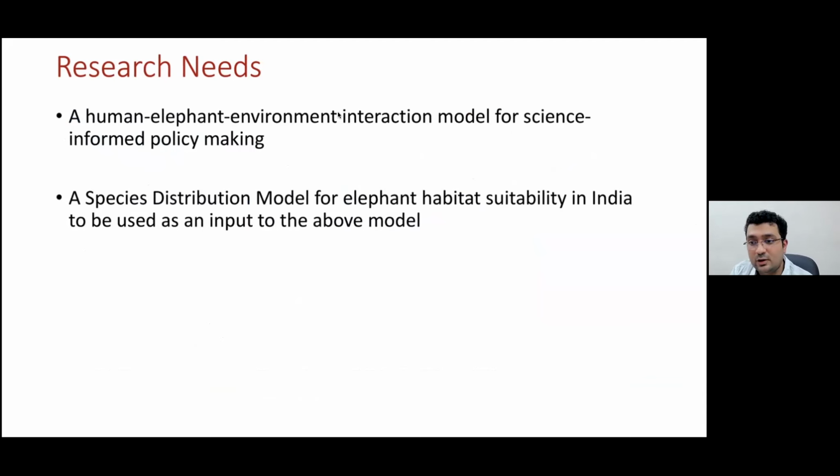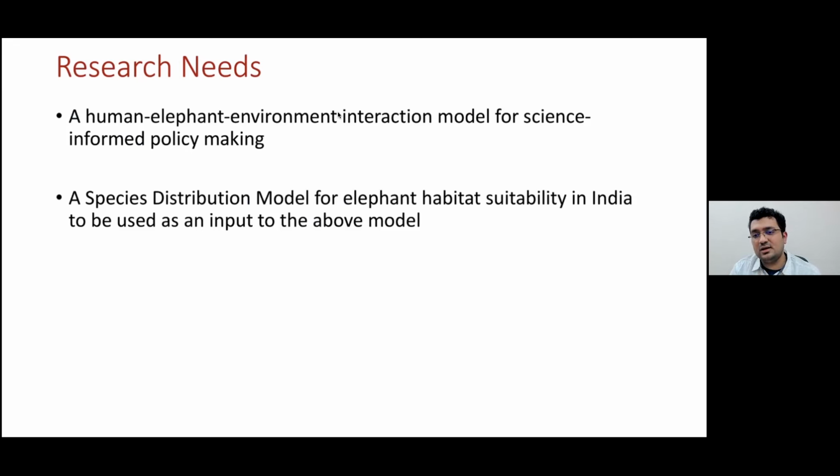Right. So we want to give the policymakers a model that says that, you know what, if you do this kind of development here, this is the kind of interactions that will happen with the elephants. And if the elephant is aggressive, this is the kind of deaths that you might see. And so please impose this policy there. So we wanted to try to see it as an agent-based model where you have human agents, elephant agents, and environment layers.